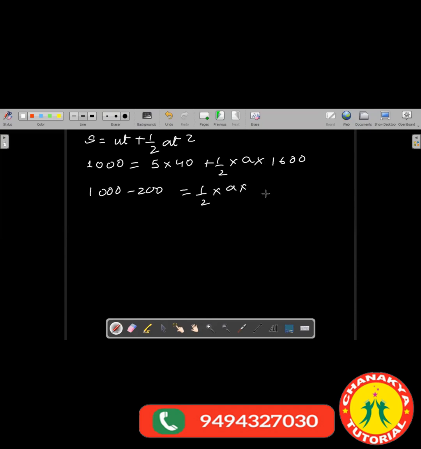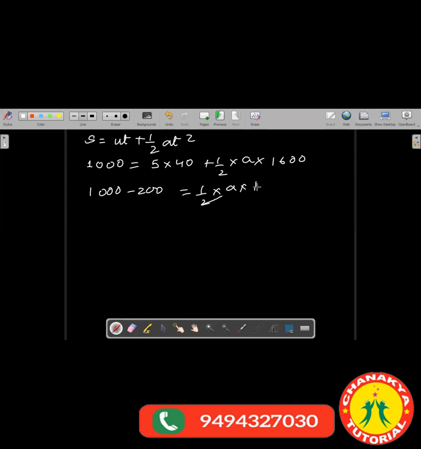So you can find out acceleration now using the second equation of motion: S equals ut plus 1 by 2 at squared. The displacement is 1000 meter, the velocity we have got is 5, time is 40, plus 1 by 2 multiply acceleration multiply t squared. Again, t is 40, so 40 squared is 1600. So 1000 minus 200 equals 1 by 2 multiply acceleration multiply 1600.